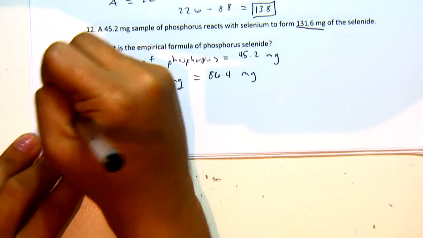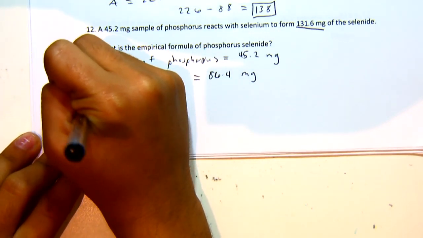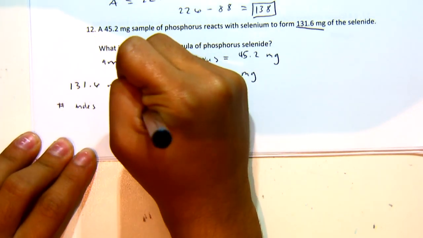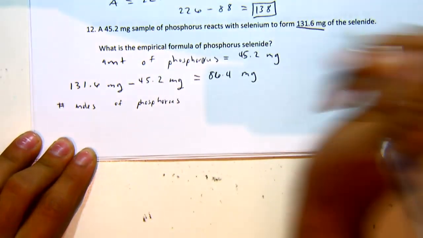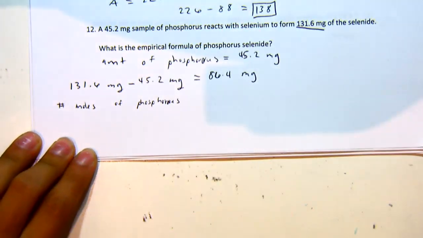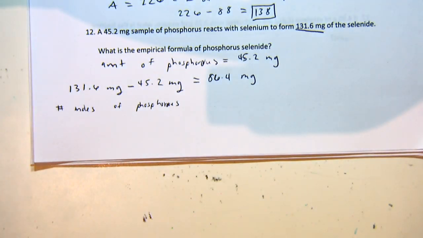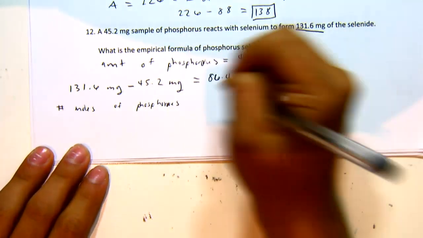So to find the number of moles of phosphorus, you actually don't even have to convert it to grams first. You can just go ahead and do the conversion of moles.